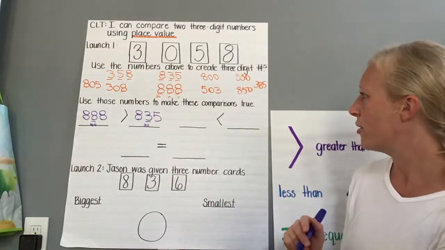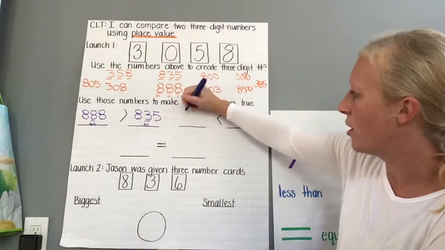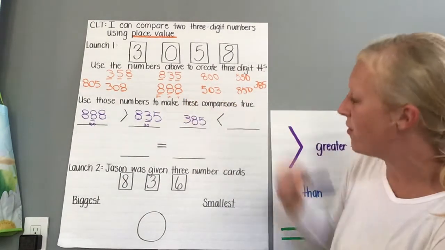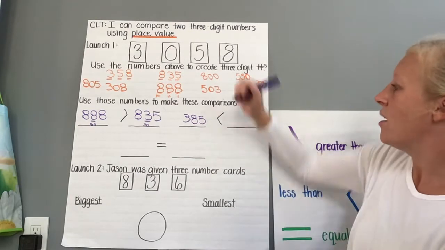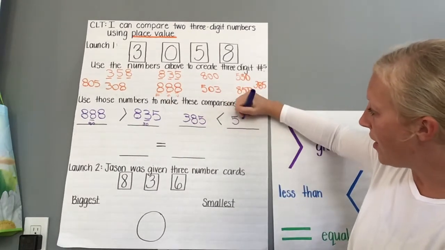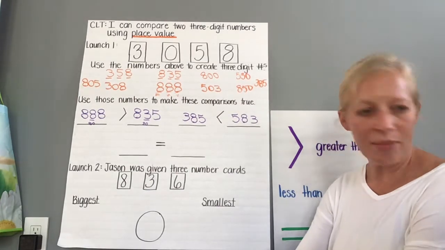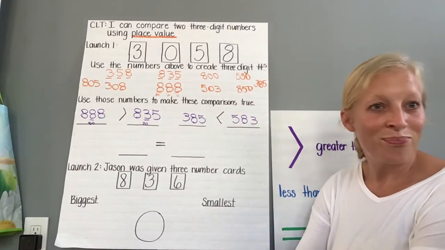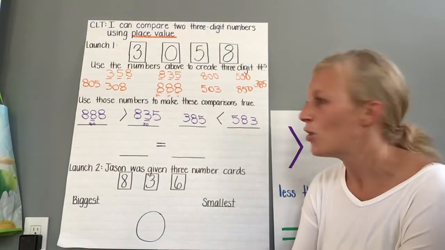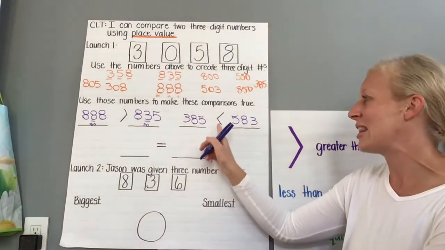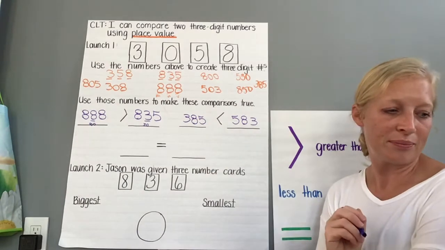What about this one? Friend over here. 385. 583. Same numbers though. They're in a different order. How do you know that this number is less than this number?